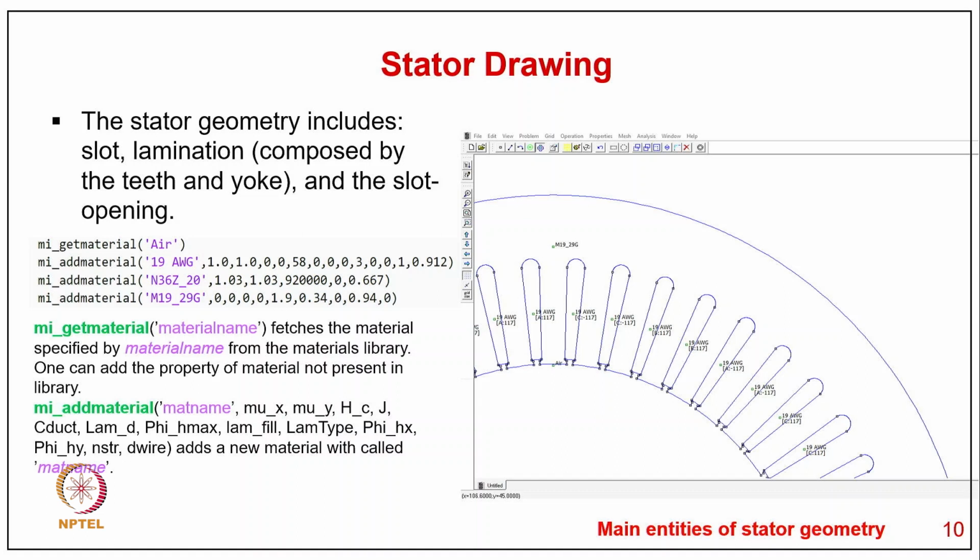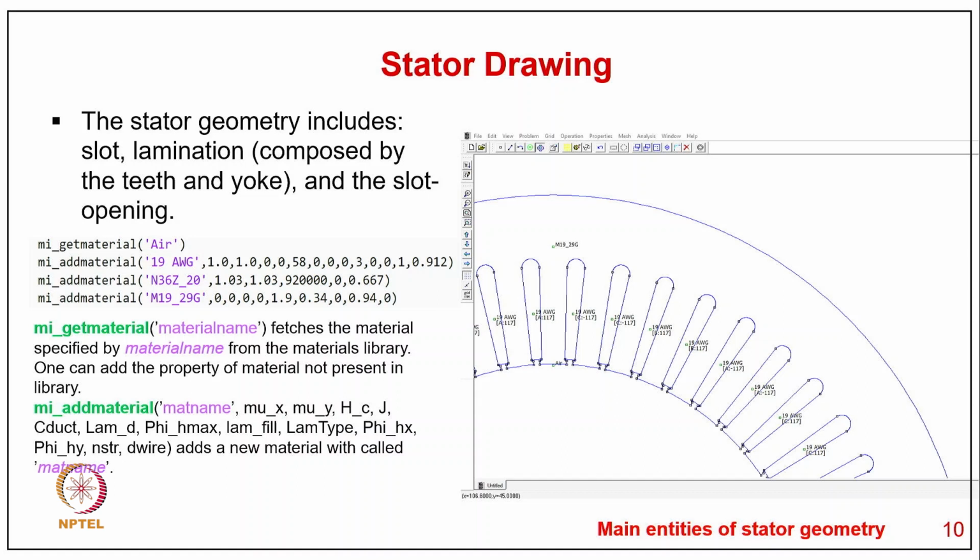And here you can see mi_getmaterial air, mi_addmaterial 19 AWG with the parameters, mi_addmaterial N36Z20 with different nodes, and mi_addmaterial M19_29G again with the properties. mi_getmaterial with the material name fetches the specified material from the material library.